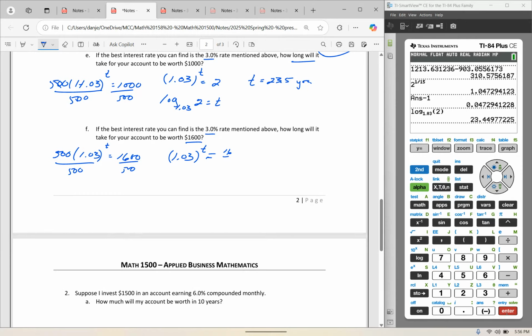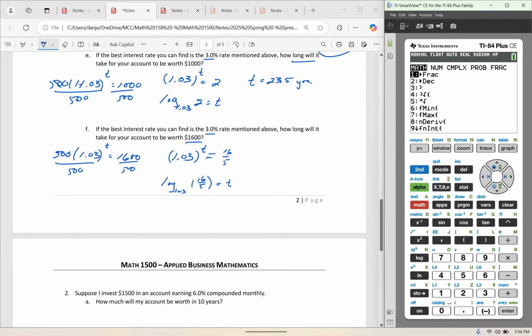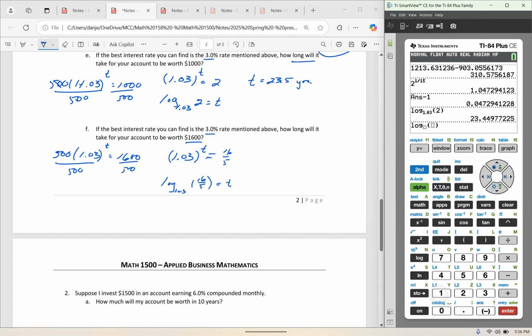I'm going to make that 16 over 5. You can go to the calculator and do the division if you would like to, but there's no need. Again, log base 1.03 of 16 over 5 equals T. Again, math. We're going to go down to the log base. 1.03 is the base, and that's 16 over 5.